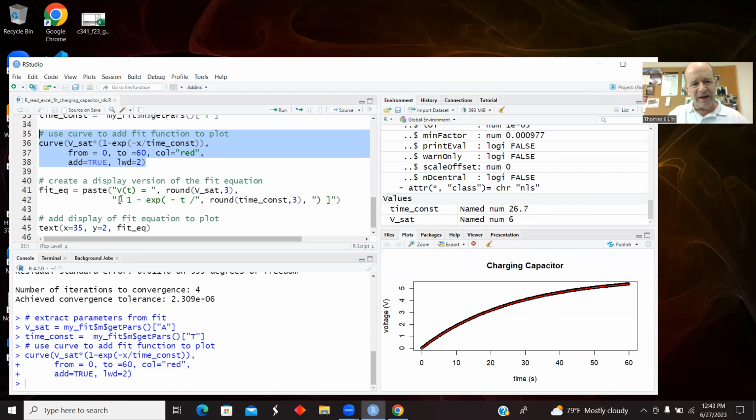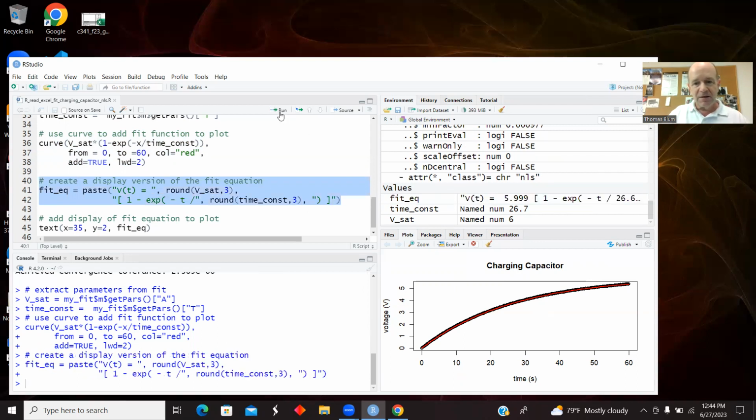And then I'm multiplying that. I'm using a square bracket here, but this is just a display. R doesn't use the square brackets in this way, but I'm using it just as a display thing. 1 minus the exponential of minus t divided by, and here's the time constant rounded to 3 decimal places. And so that just creates the displayed equation.